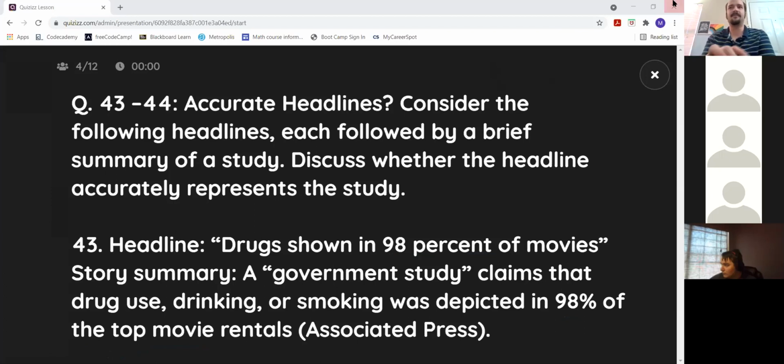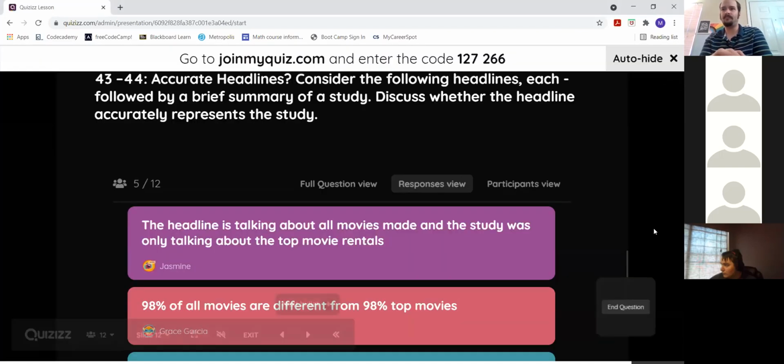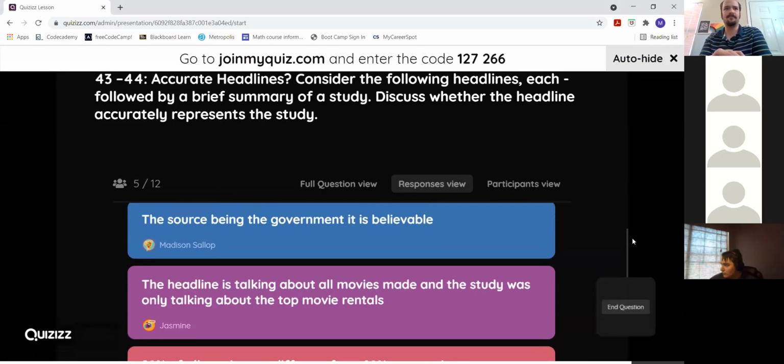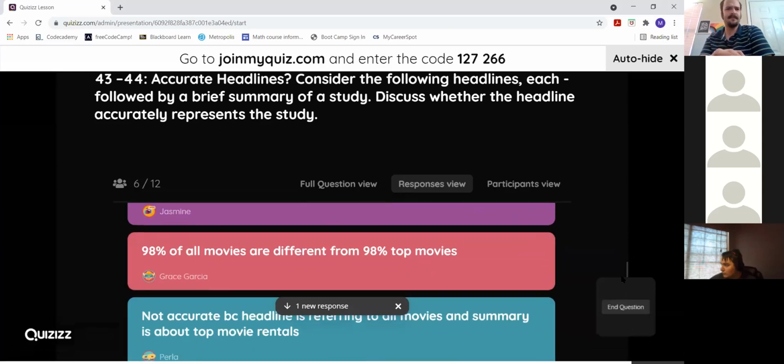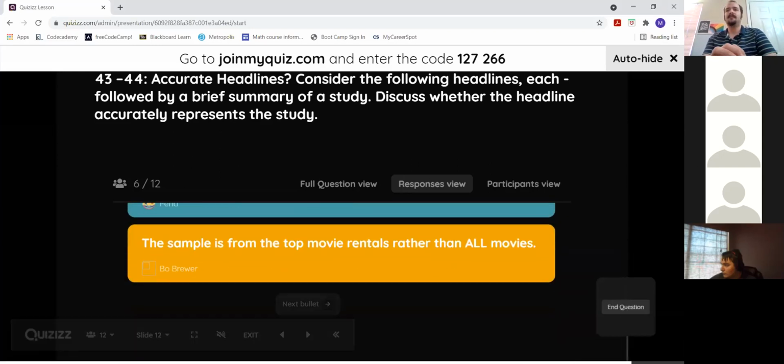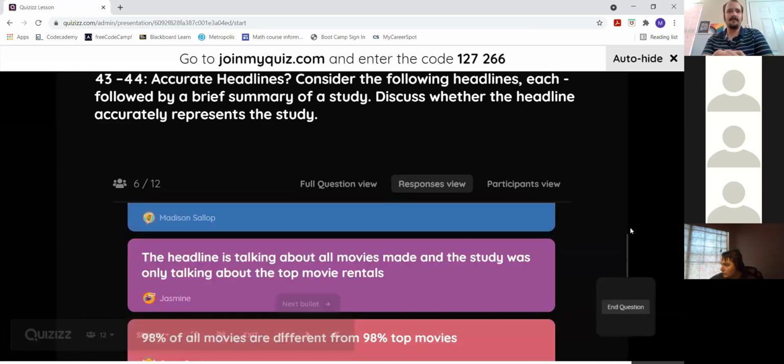Pretty sure Associated Press is like the big organization that verifies. I don't think they're actually a news source per se. I think they're the thing that verifies the news source, but I could be wrong.